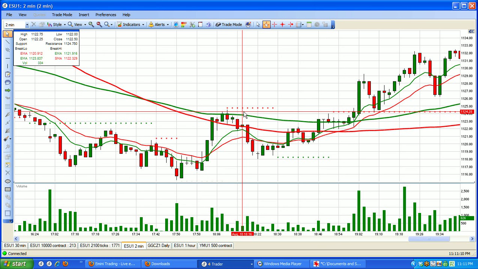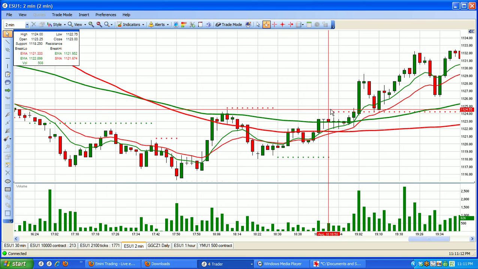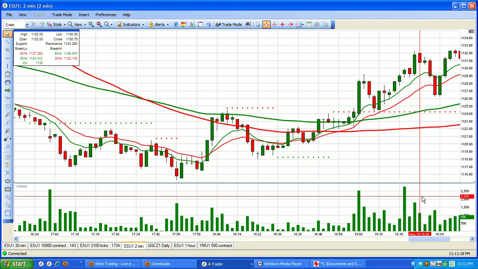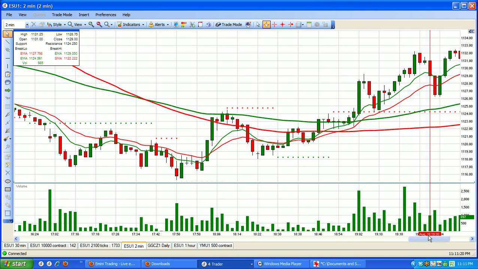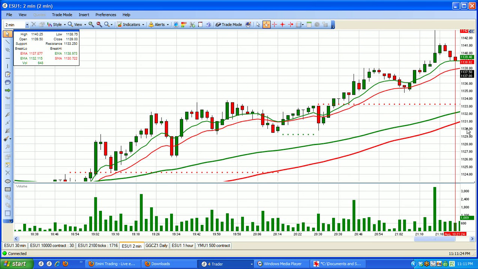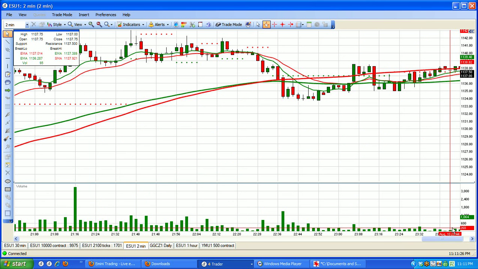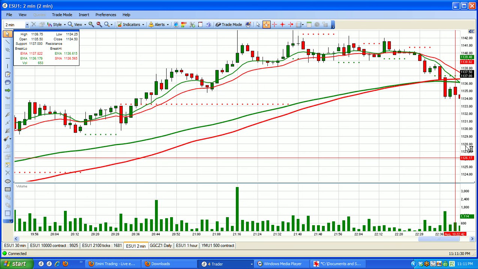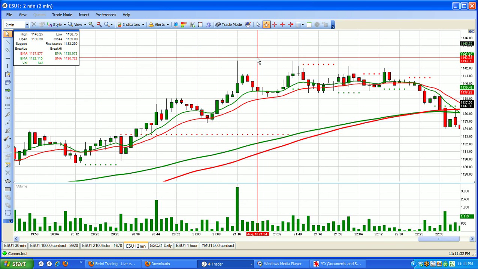All right. Now what happens? Oh, we got a bullish cross on the small side to coincide with the kind of weird bullish cross up top. And then what do we do from here? Just for instance, let's take a worst case scenario, 1123.